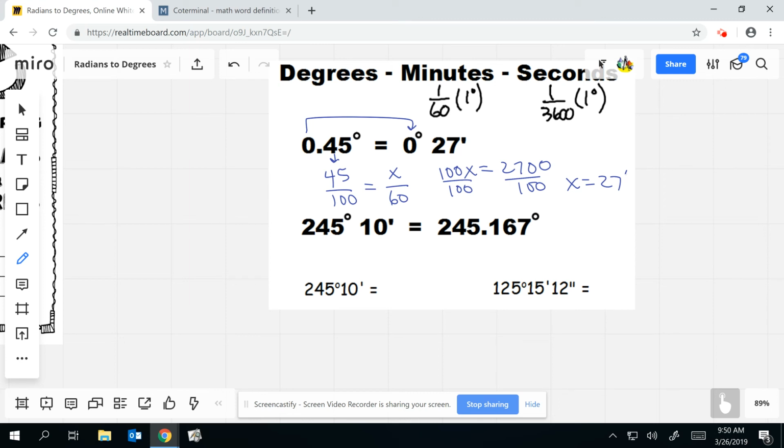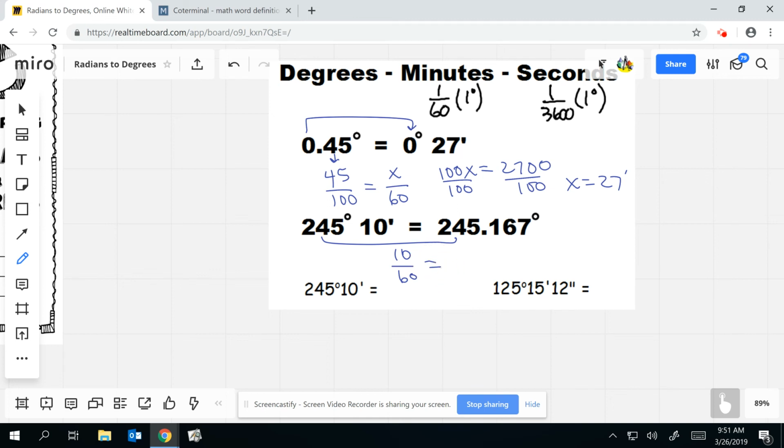So if you look at the second one here, 245 degrees is already written for you right there. This time they want you to go from minutes to decimals. This is even easier because 10 minutes is simply 10 out of 60. It's 10 minutes out of the total 60 minutes that you could have, so you simply divide those two numbers.